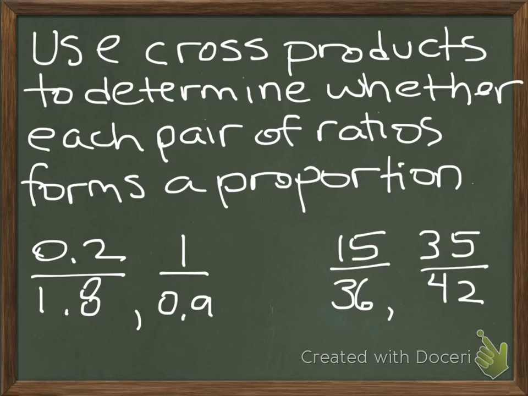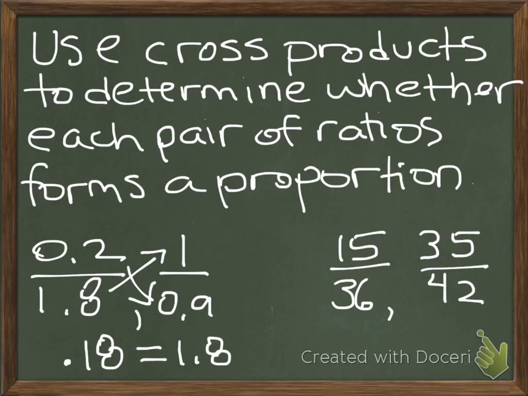So I'm going to do 0.2 times 0.9, which gives me 0.18. And I'm checking whether that equals 1.8 times 1, which is 1.8. So yes, they have the same numbers, but one is 0.18 and one is 1.8, so they are not the same. So these two ratios would not form a proportion.